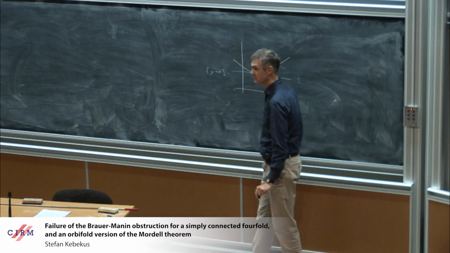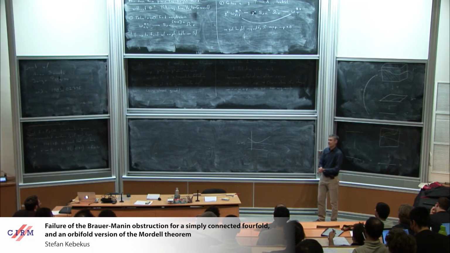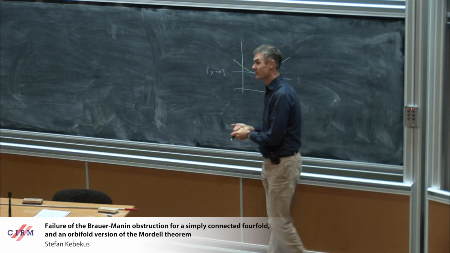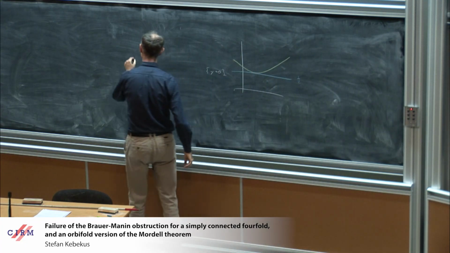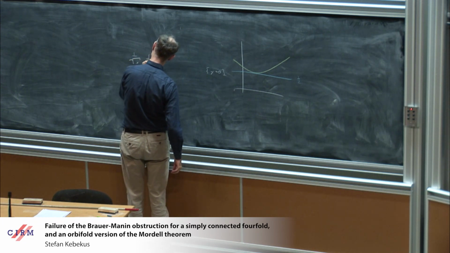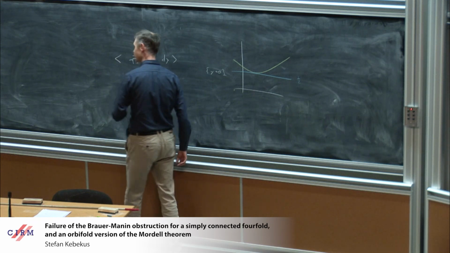y equals 0. What Campana and Poonen tell us is that instead of looking at the sheaf of differential forms omega 1, we should look at a slightly larger sheaf, which is generated by these two friends.